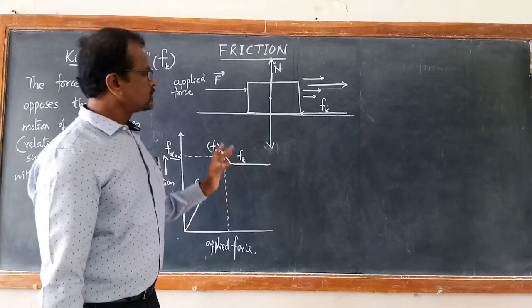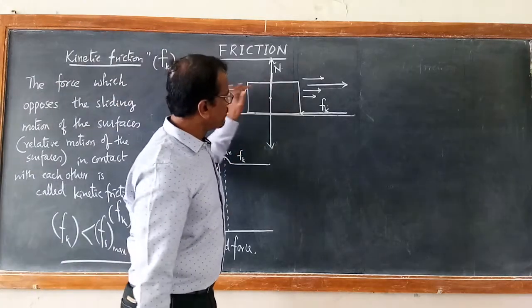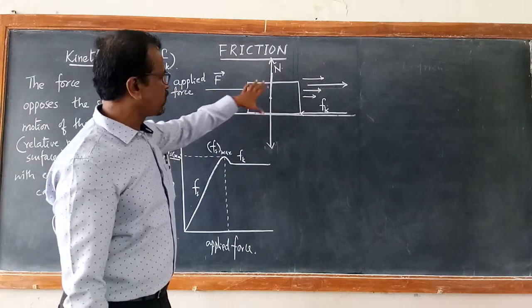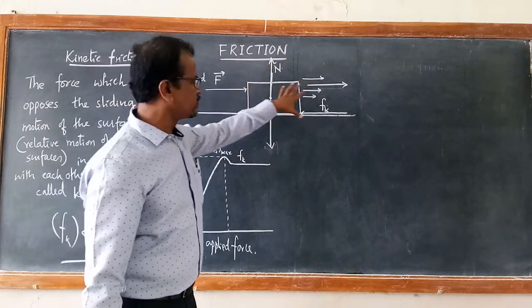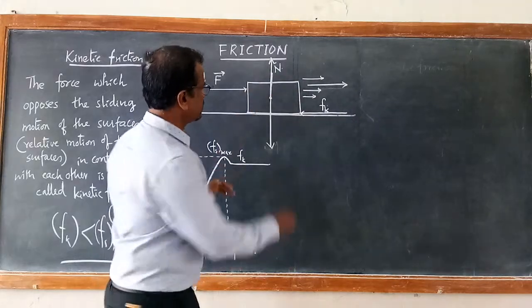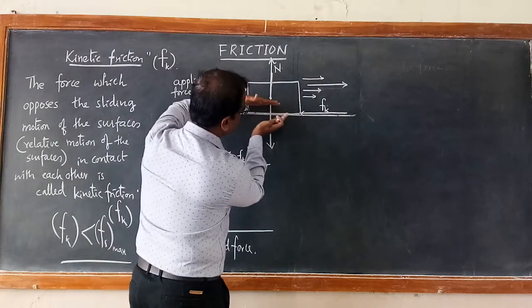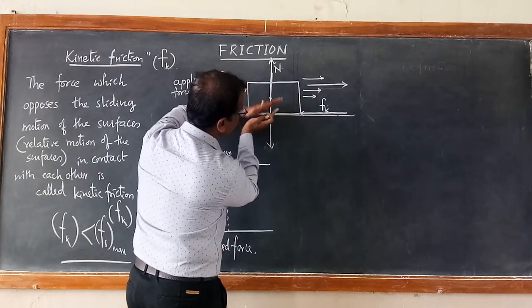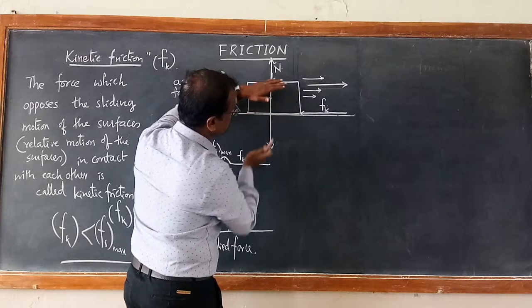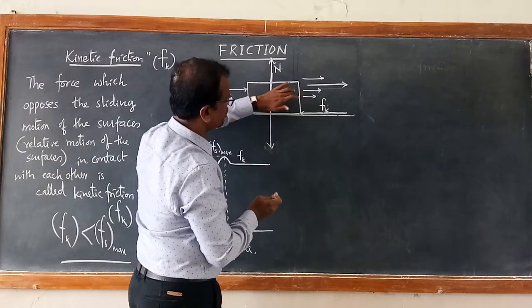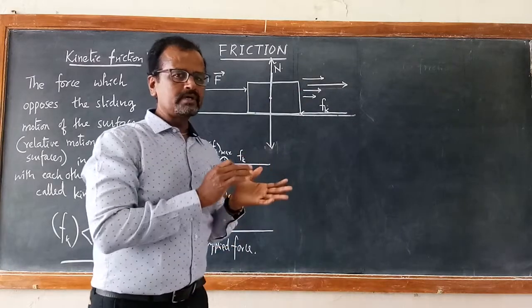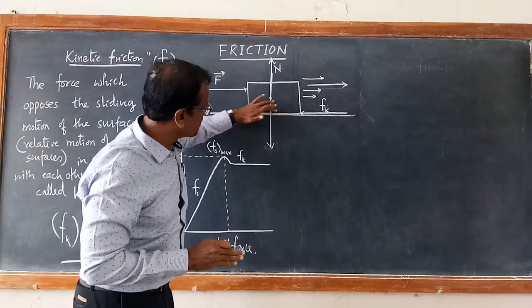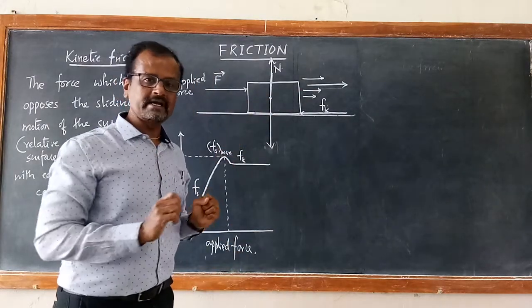You can see from the diagram, earlier the body was still at rest, now the body is already in motion. The surfaces in contact are rubbing over each other, and the force of opposition which opposes the relative motion of the surfaces in contact is called kinetic friction.